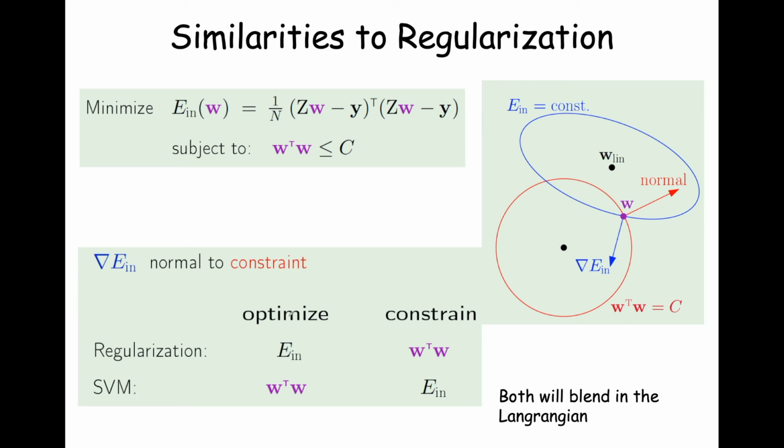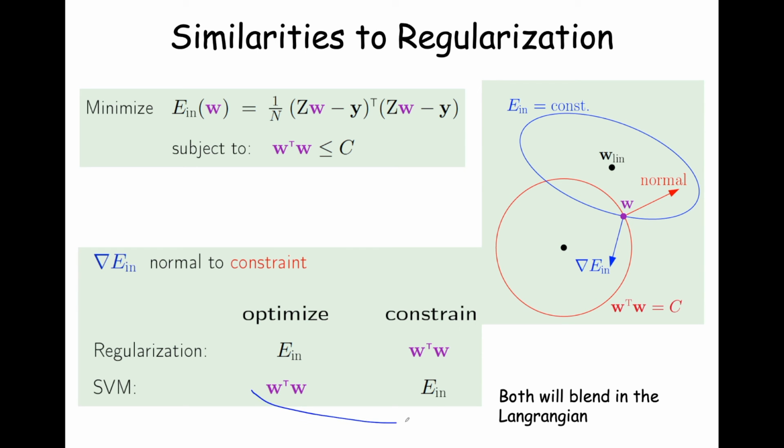In regularization, we were optimizing by minimizing in-sample error, and we had this constraint on the soft budget, as it were, on the weights, W transpose W. With support vector machines, we're minimizing W transpose W, but our constraint is subject to all of the classifications being correct, which is the same as saying minimize in-sample error.